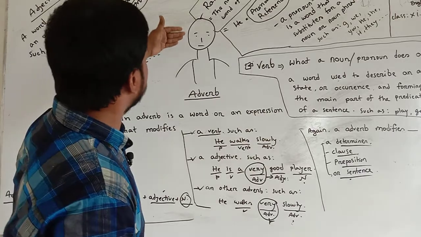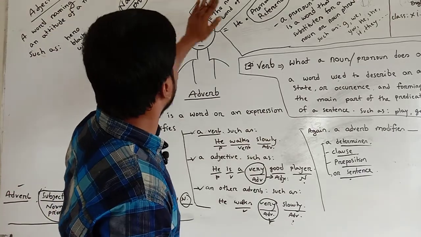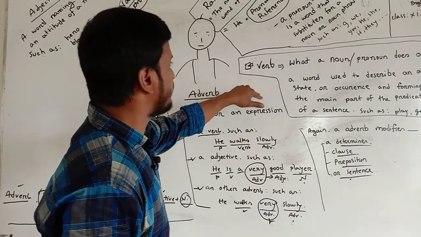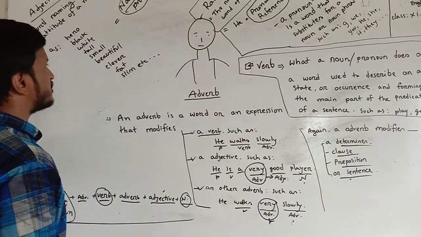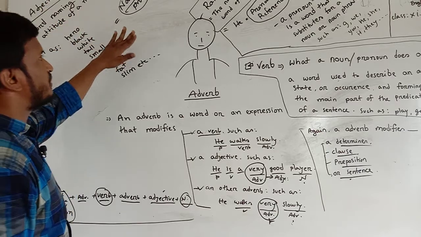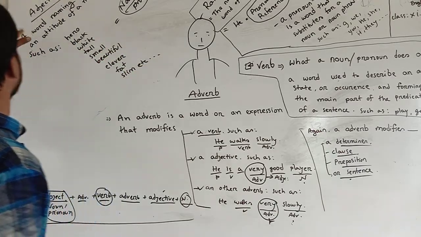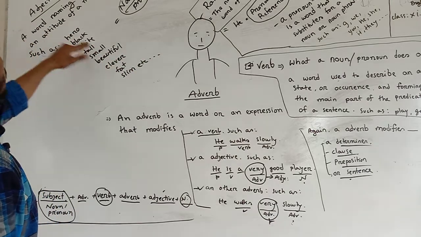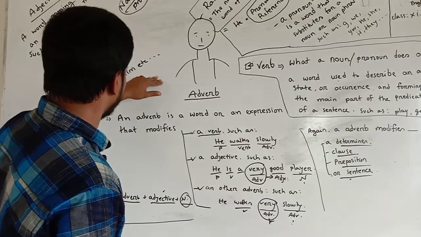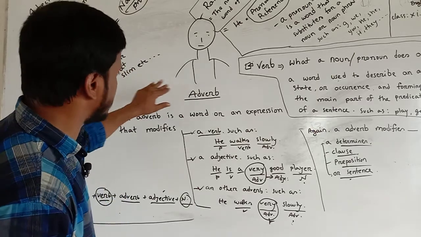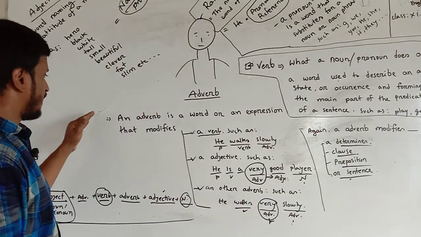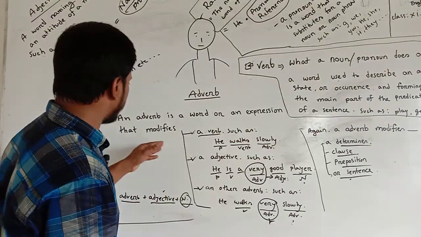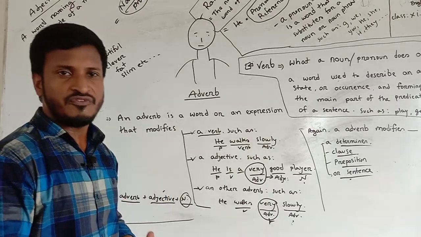I have indicated here what a noun is, what a pronoun or reference is, what a verb is and its function, what an adjective is, when we will use an adjective and whom it modifies, and what an adverb is, how an adverb will modify other words, and when we will use modifiers.